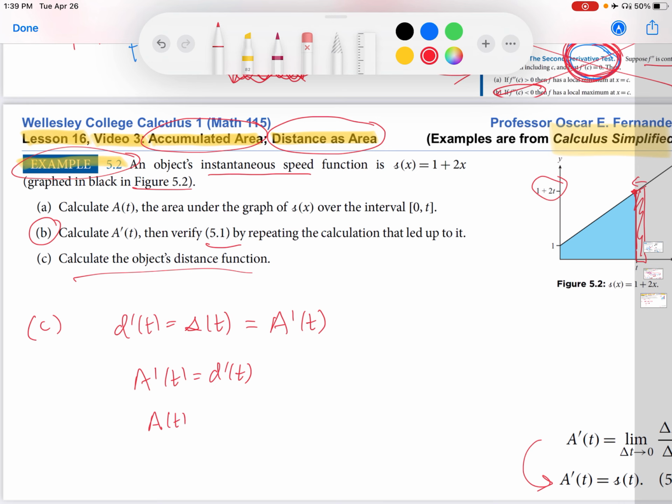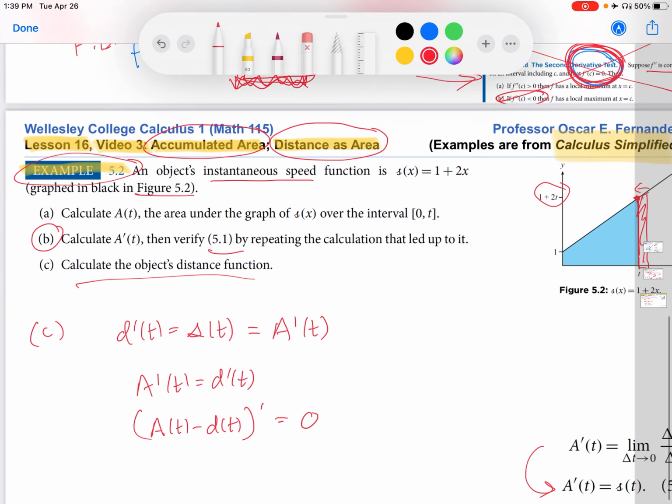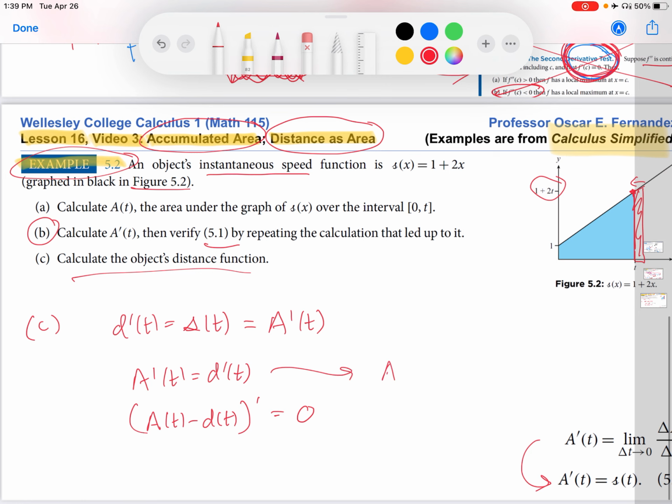So I can use a very similar argument to what I do in the book. If I just move things around here, and I put the a prime of t on the left-hand side, minus d prime of t equals 0, and I use the properties of derivatives, a difference of derivatives is the derivative of the difference, right?